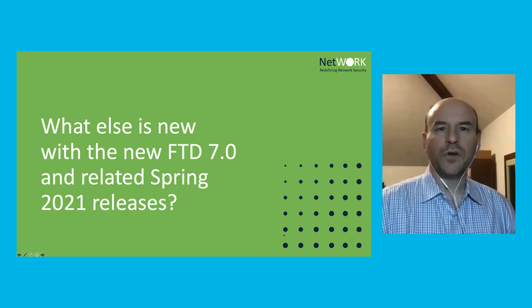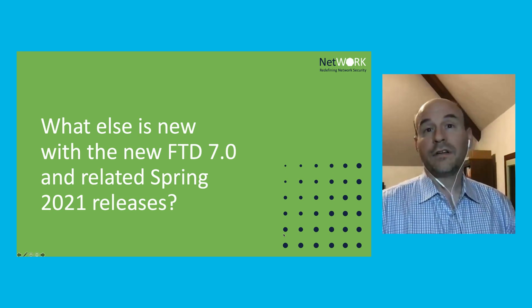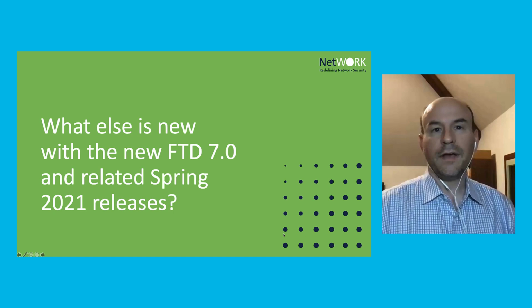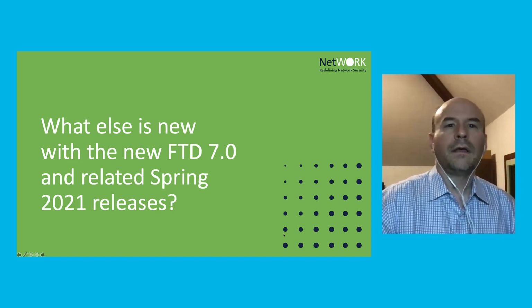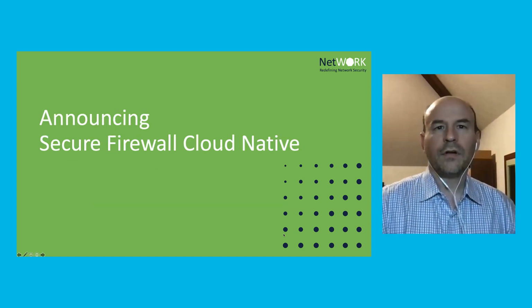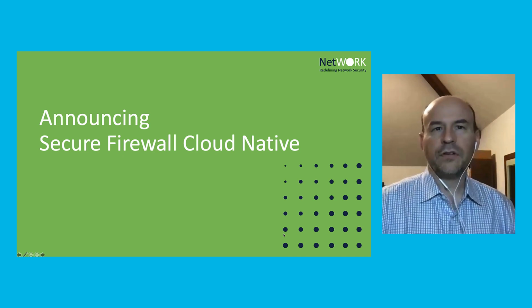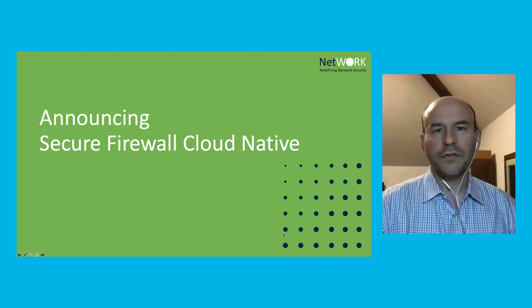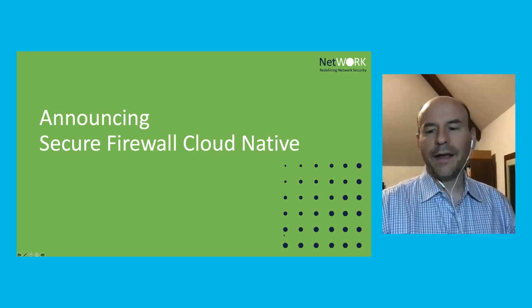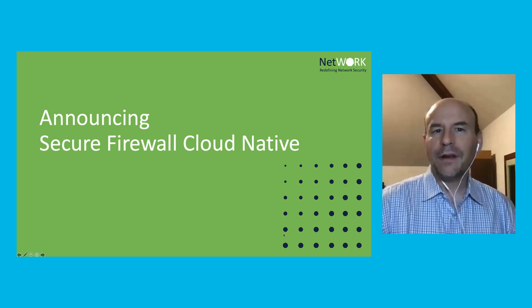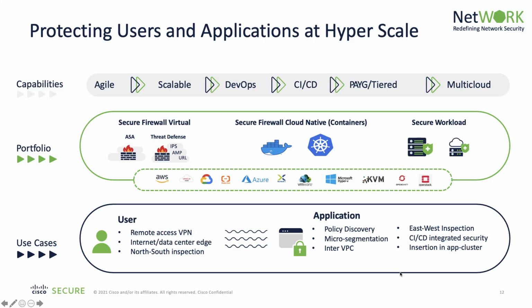Now, speaking of Kubernetes and a whole lot more, let's turn our attention to another new innovation. Here at RSA Virtual this year, we're also introducing the newest addition to the Cisco Secure Firewall family, Secure Firewall CloudNative. Our CloudNative capability complements our virtual firewalls. We built Secure Firewall CloudNative because network security expectations are changing.